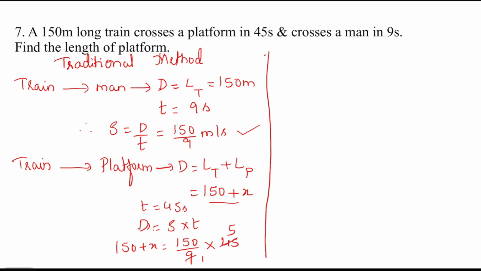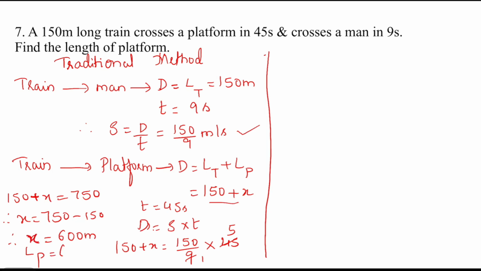We cannot cancel because there is a plus here. So 150 plus x is equal to 750, 150 into 5. Therefore x is 750 minus 150, so x is equal to 600 meters. So x is nothing but the length of the platform. Therefore the length of the platform is 600 meters.